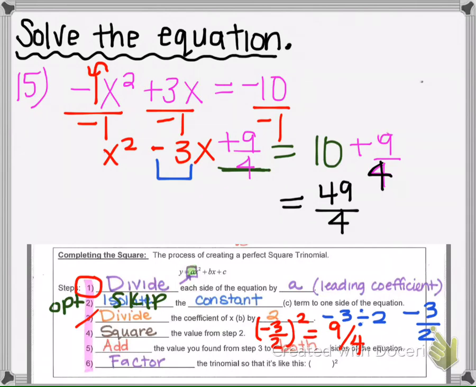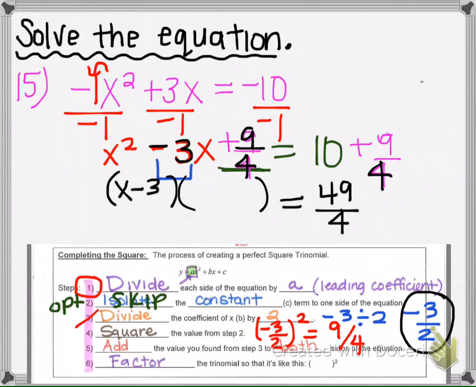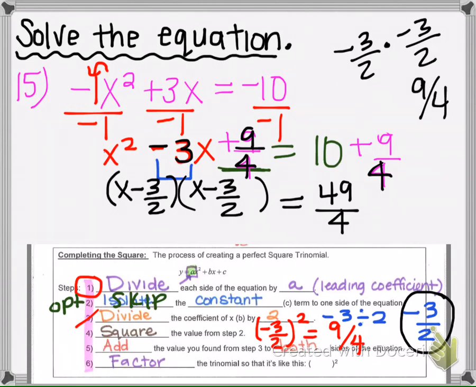So now that we put this 9/4 into the problem, what multiplies to 9/4 but adds to this -3 right here? That could sound confusing to people, but if you look right here, this is going to be that number. X minus 3/2 and x minus 3/2. When we multiply that, we will get that above trinomial there, because -3/2 times -3/2 is 9/4.